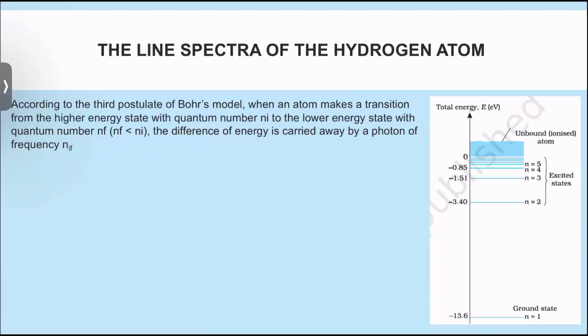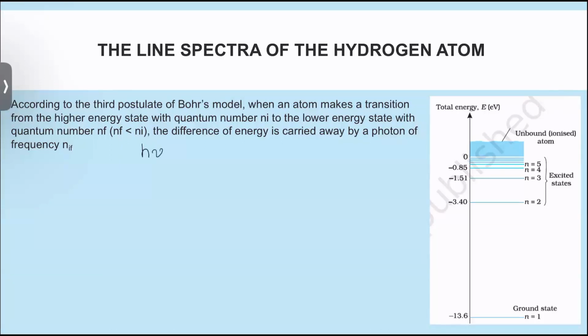Now we will see what is the line spectra of the hydrogen atom. We had already spoken about the emission line spectra. Now we will see, as per the third postulate of Bohr's model, when an atom makes a transition from a higher energy state, a photon is generated.